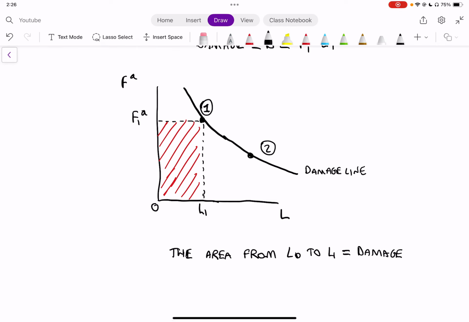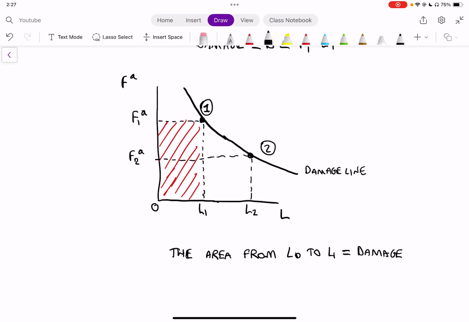Okay, that's based on the equation. Now, what we can also do is say that we could have a different point where we could move our system to F2 to the power of A and L2, and that would be a different representation of that damage. Okay, but it would still be the same area under the curve.